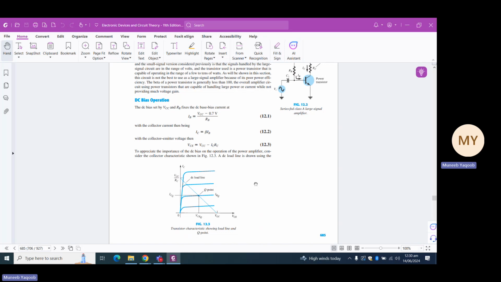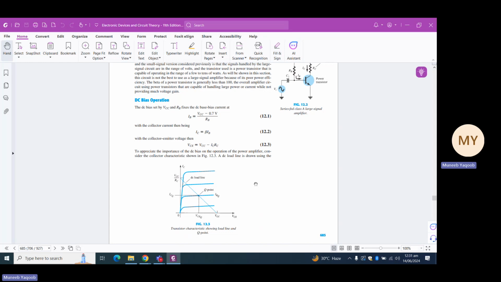Similarly, if we put VCE equals 0, then we will get IC equals VCC upon RC, which is also known as the saturation current of the BJT. So we get the point (0, VCC/RC). Using these two points, we can easily draw this load line.